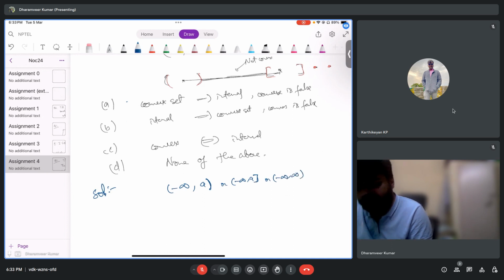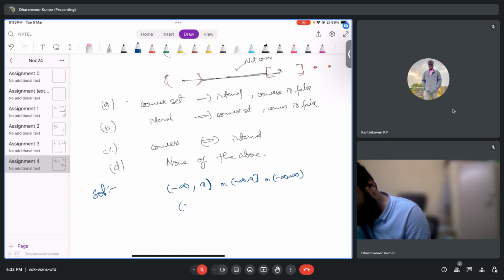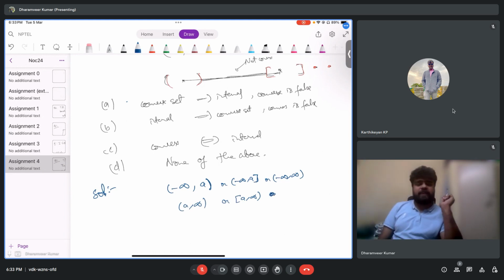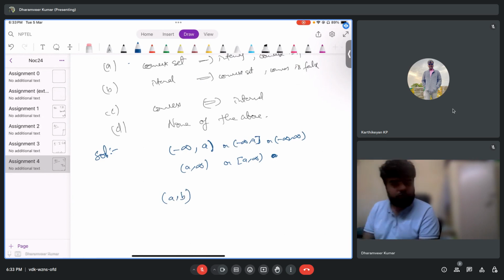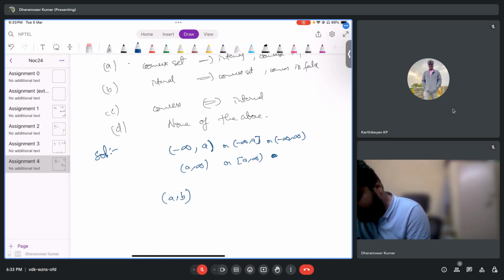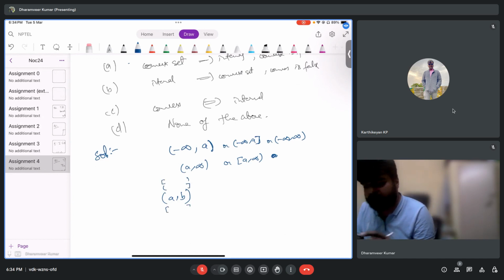These are the examples of intervals from the left hand side. From the right hand side, they can be a to infinity, or minus infinity to a. These are the 5 infinite examples. Other than that, they're of the form a, b. It could be closed, open from both sides, or closed-open, open-closed, stuff like that.